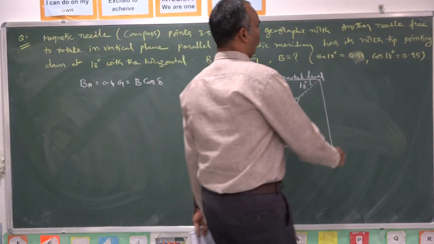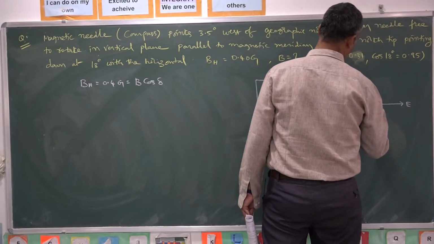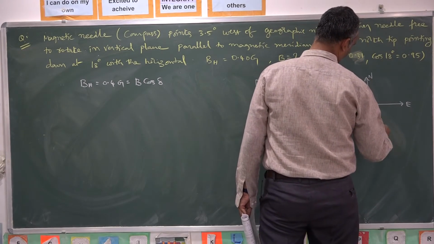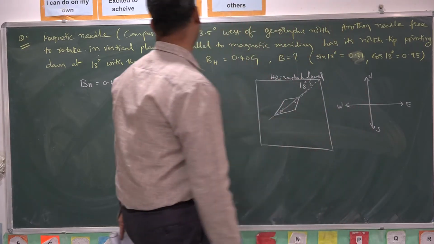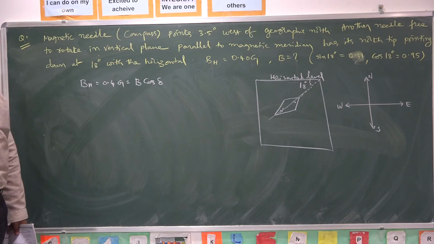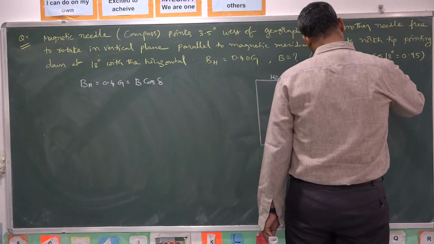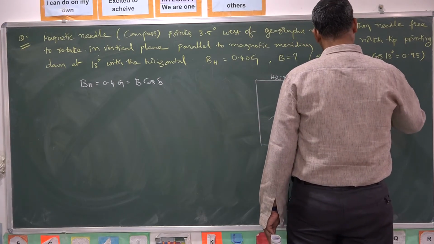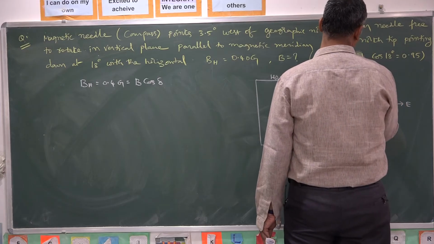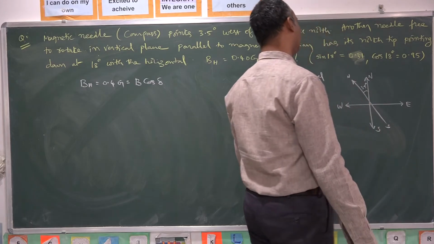Here, these are geographic directions: east, west, north, south. The first magnetic needle, nothing but the compass needle, makes 3.5 degrees west of geographic north. This is the north and south of the needle you considered.